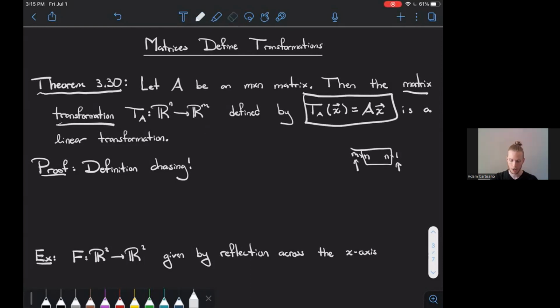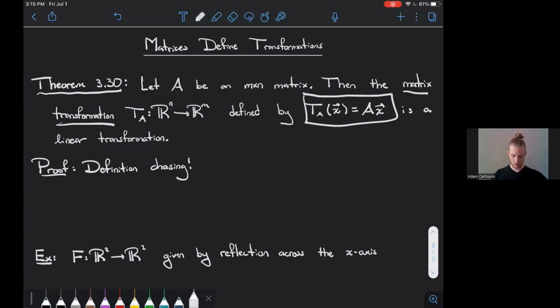Our theorem is not just saying that the matrix transformation is defined. It's a linear transformation, and we can prove that just by chasing through definitions. We have to check that it satisfies vector addition and scalar multiplication.